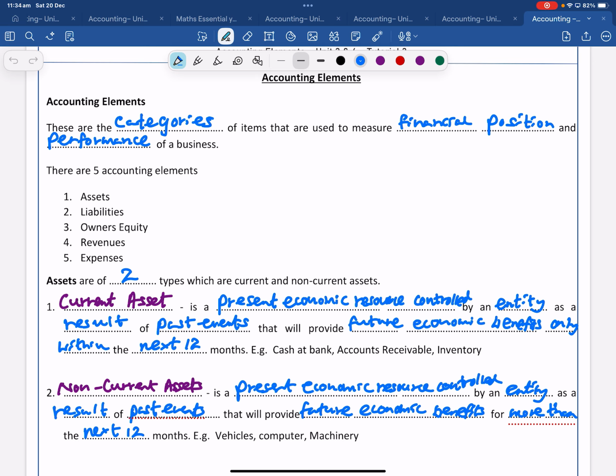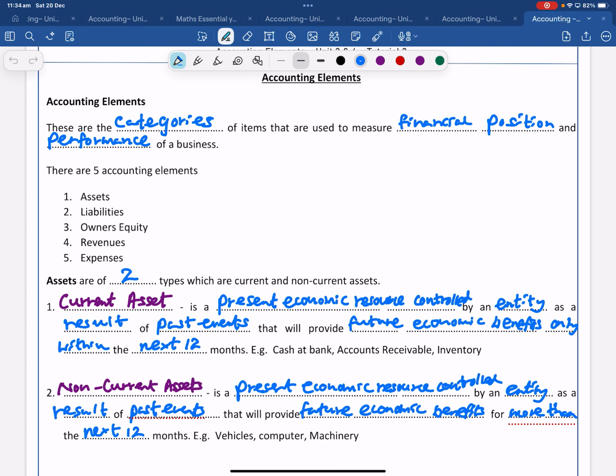So you know what assets are, we have discussed. Liabilities means what you owe. We have loans, you know, mortgage, etc. Then we have owner's equity. Owner's equity is the amount that the owner can claim from the business after the liabilities have been paid off.